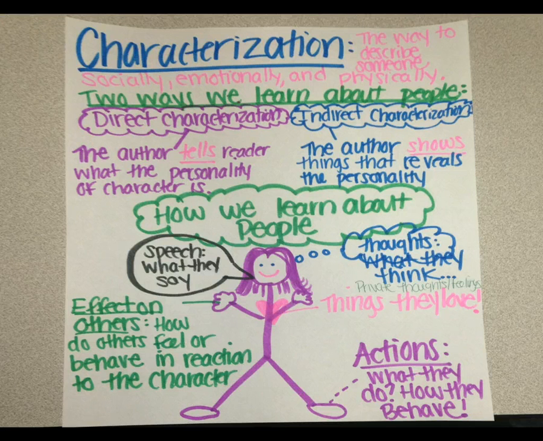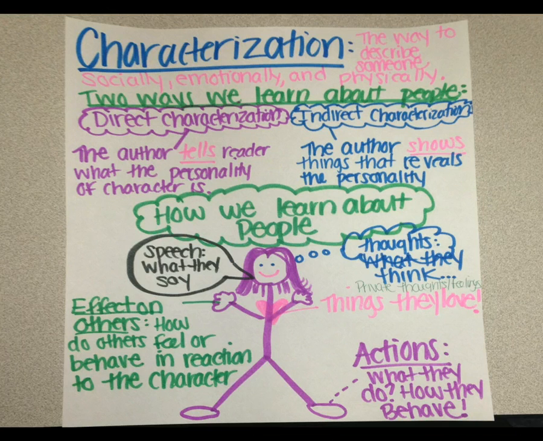Because then as we move down this page, you can see how we learn about people, or how we collect our evidence on the kind of people someone is, or we can describe them socially, emotionally, and physically. You can decorate your little character at the bottom of the page. I know my lady with purple hair looks very pretty with the heart that is pounding out of her chest.